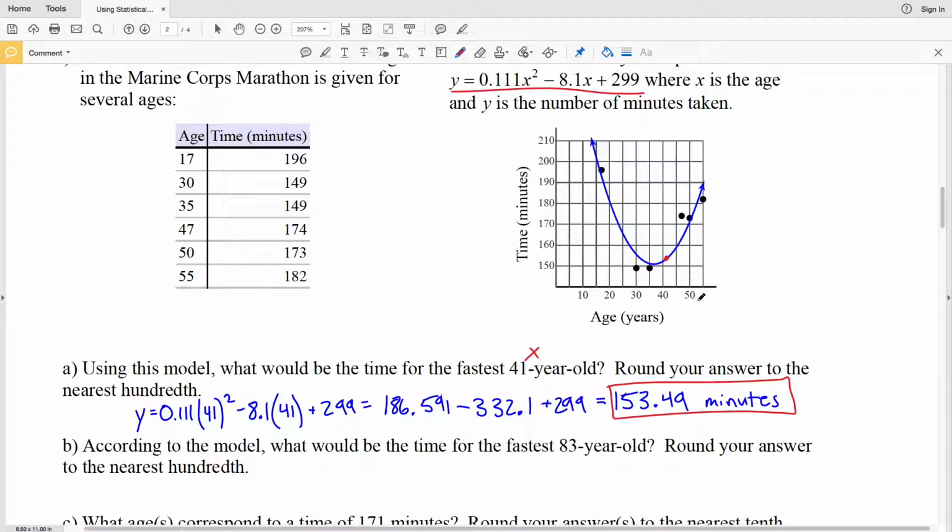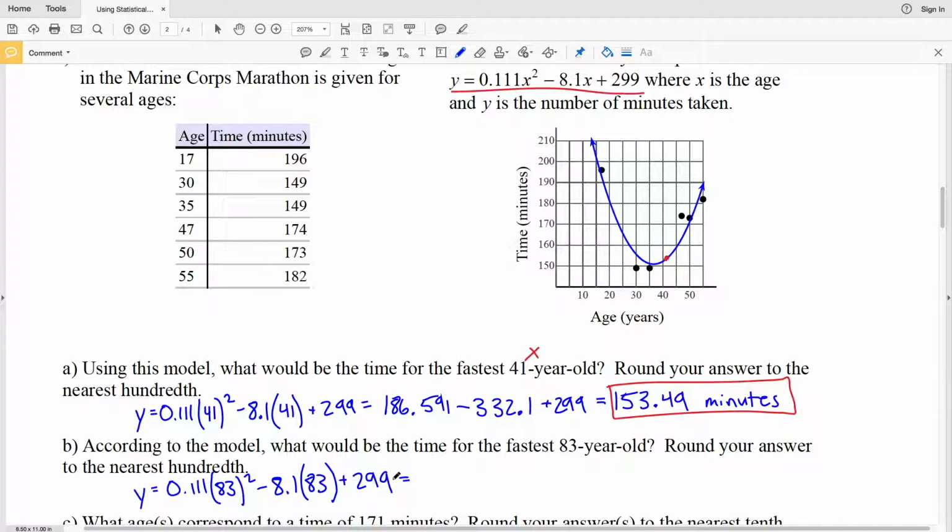Now let's look at B. B says that according to the model, what would be the fastest time for an 83-year-old? So now we're going to plug 83 in for x. So y equals 0.111 times 83 squared minus 8.1 times 83 plus 299.